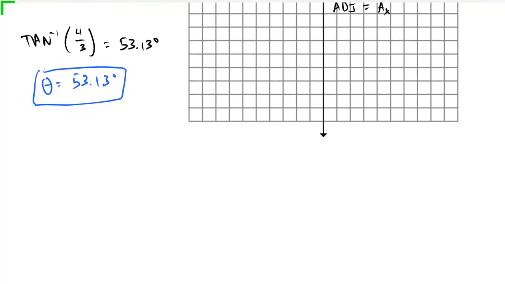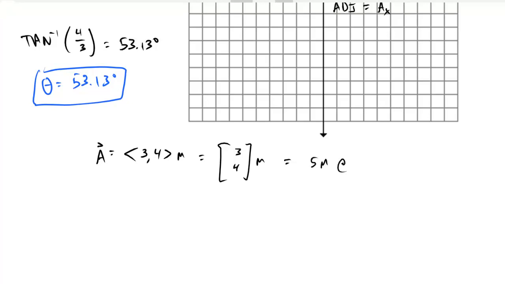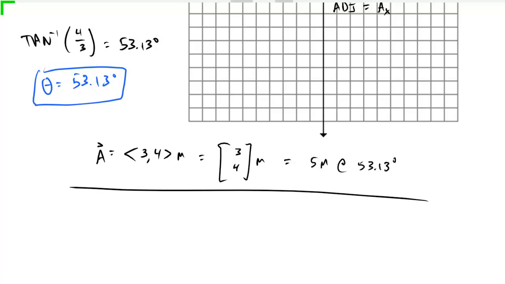So another way that we can write vector A, we have here vector A was 3, 4 meters, which can also be written as 3, 4. Put our units on the outside. And it's also equal to 5 meters, its magnitude, at 53.13 degrees. These are all ways in which we can write vector A.